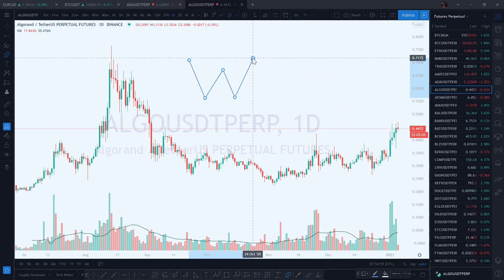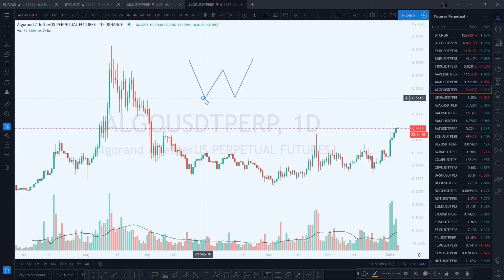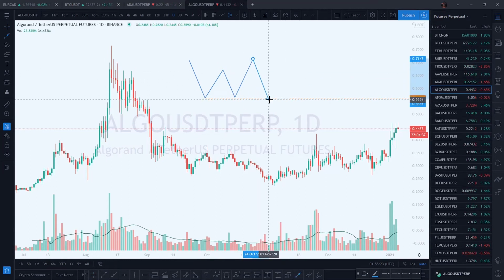So all you want to do is connect these two points, a minimum of two, where the price came to and bounced back up. Then it came back again to test it again and bounce back up again. Connect these two. This will be possible areas where price might trade to in future and find support to rally back to the upside, right?